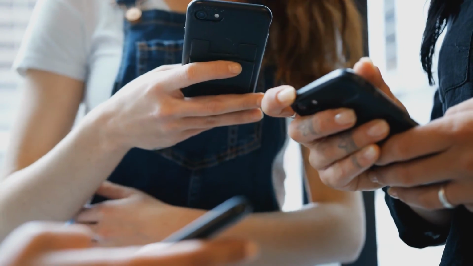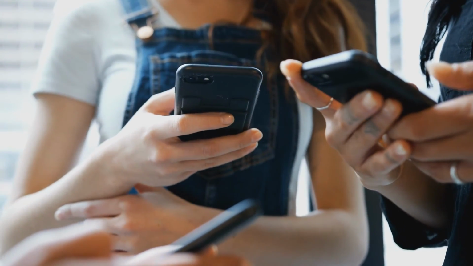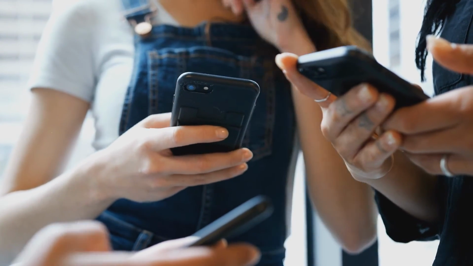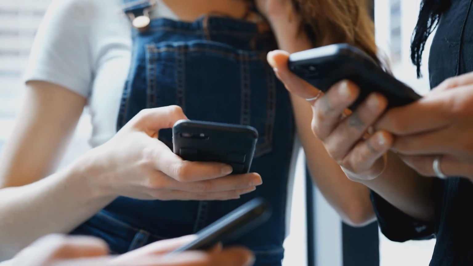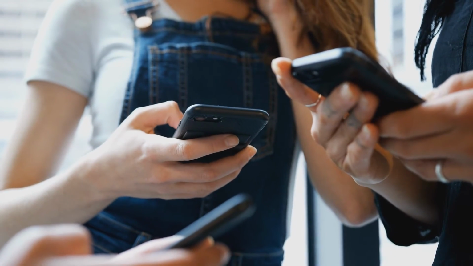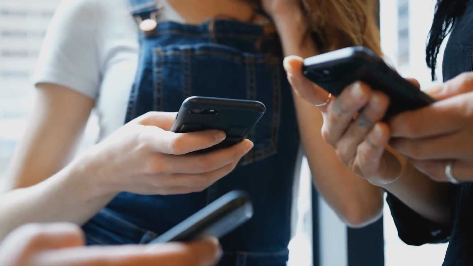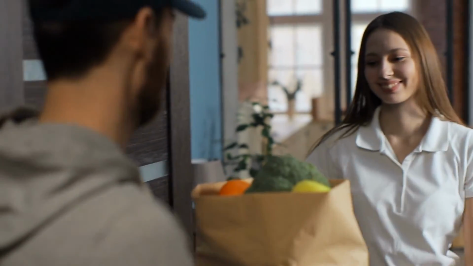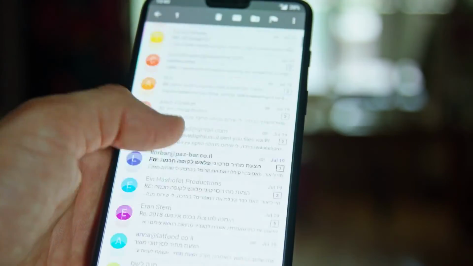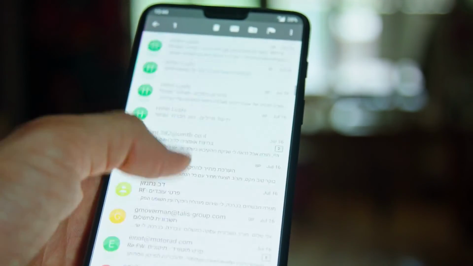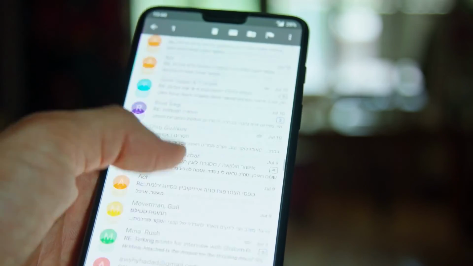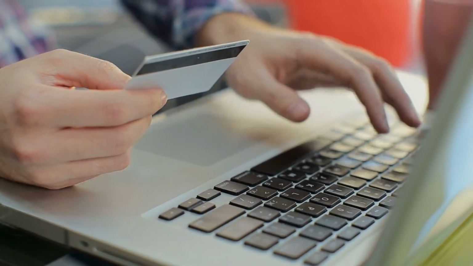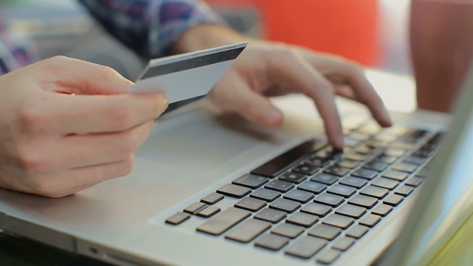They're attracted to stores that offer a seamless digital experience, easy navigation, personalized recommendations, and, most importantly, swift delivery options.